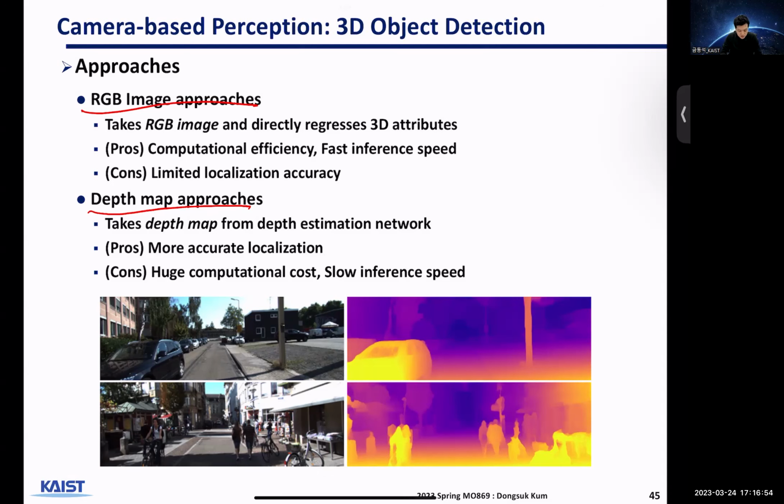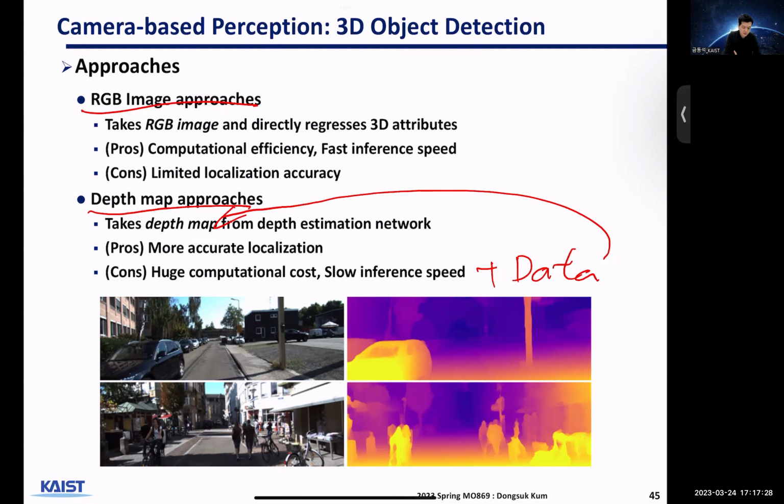The downside is it's computationally heavier with slower inference speed, because you need a depth map estimation network. And one more thing is that you need more data to pre-train the depth map.